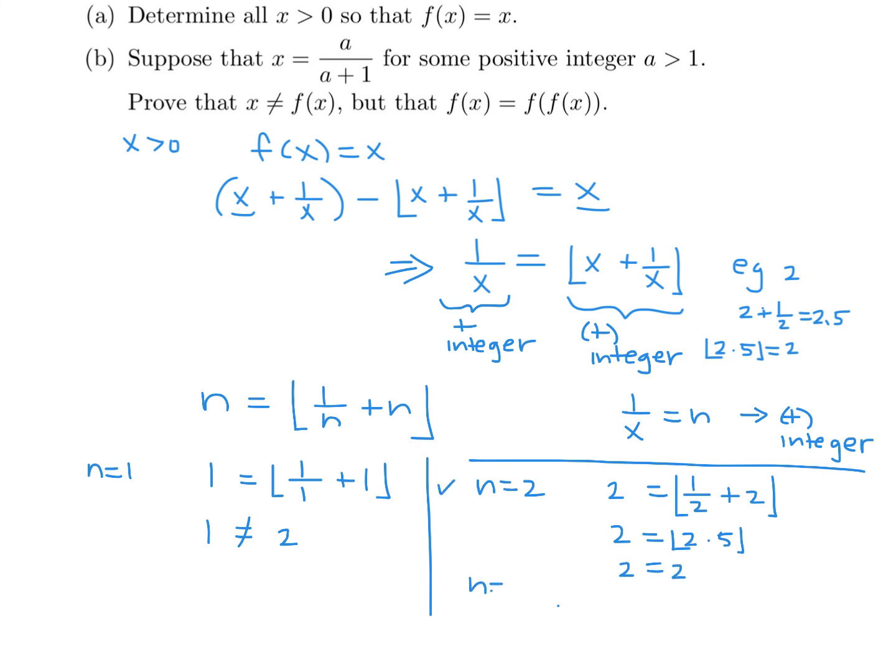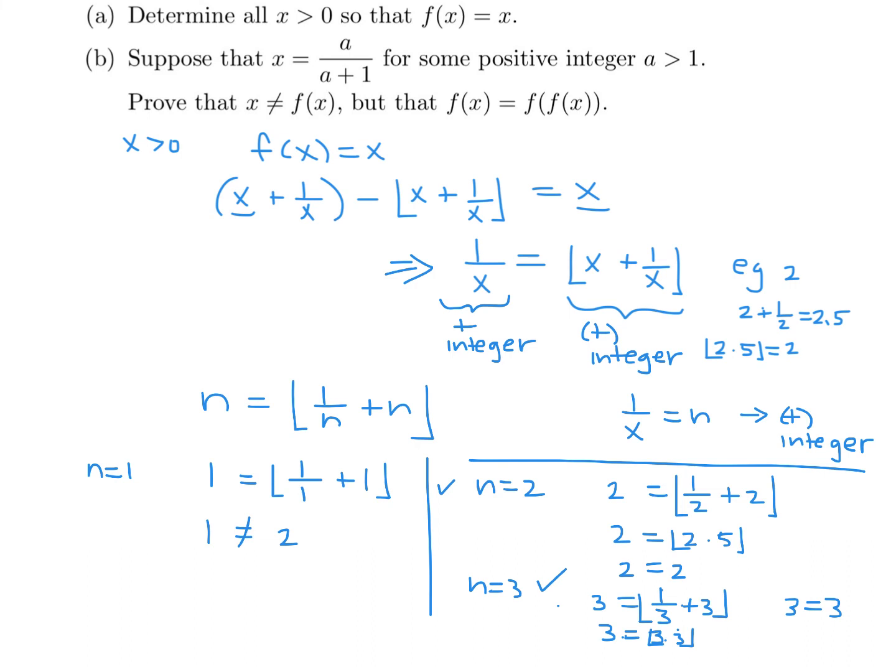How about if we try n equals 3? That would mean 3 is equal to ⌊1/3 + 3⌋, and that would mean 3 is equal to ⌊3.333...⌋, and that is indeed valid, because that would be 3 is equal to 3. And similarly, for 4, 5, 6, it would be the same.